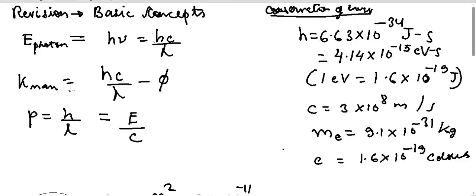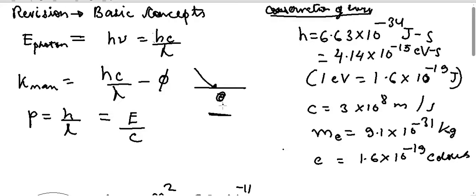Now the next concept is the photoelectric effect. If I have energy or radiation which is hitting the surface, that radiation transfers its energy to an electron. The electron absorbs this photon and gains energy, and it will be able to overcome the basic nuclear force with which the nucleus is attracting the electron towards it.